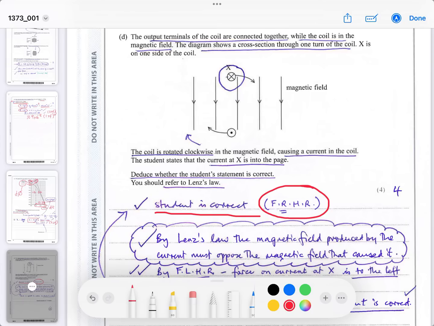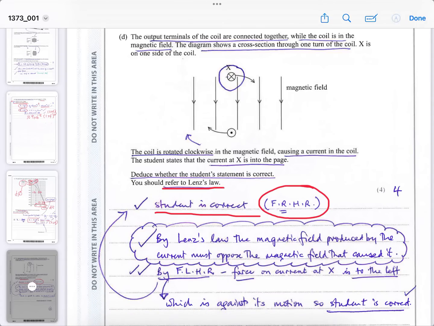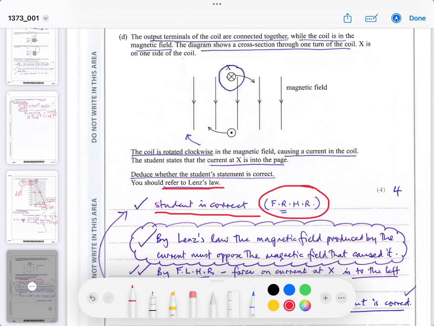Once you know that, we already know the student is correct, but they want us to refer to Lenz's law. By Lenz's law, the magnetic field produced by the current, which as the student correctly states is going into the page at X. Then if you use the left-hand rule, with the current going into the page and the field being downwards, the force is due to this way.